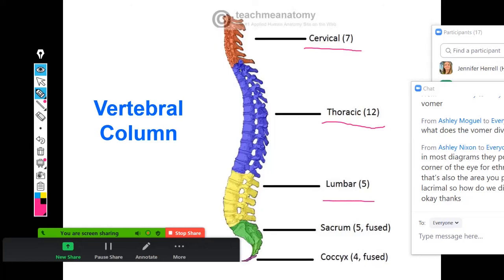As an adult, they're totally fused. There's no cartilage in there at all. It's called the sacrum, big triangular bone. Nothing else looks like the sacrum, easy to recognize. And then your little tailbone is called the coccyx. It's got 4 little vertebrae, or 5, depending on the scientist you're talking to. Little fused vertebrae.